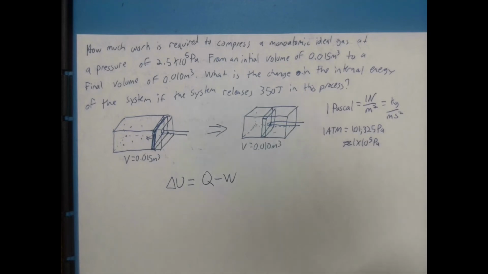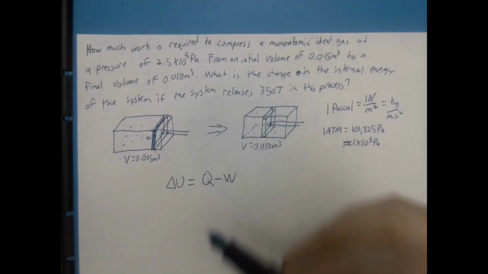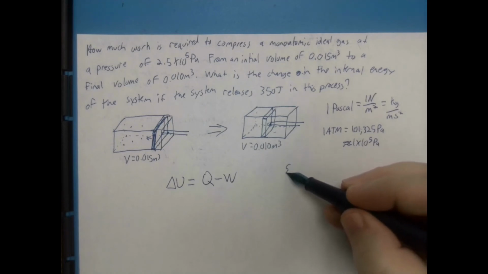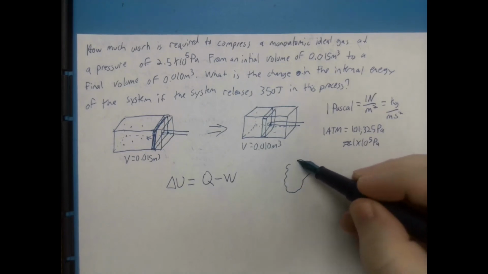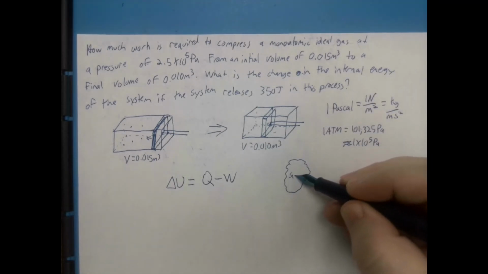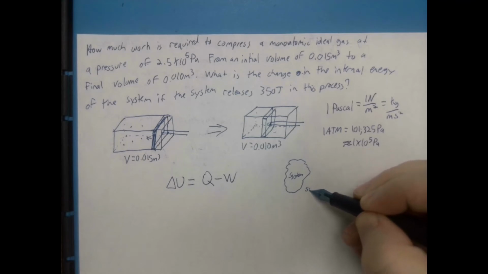So how did I define heat? If we have a system that we close, so that would be the box, we have a system and we have surroundings.